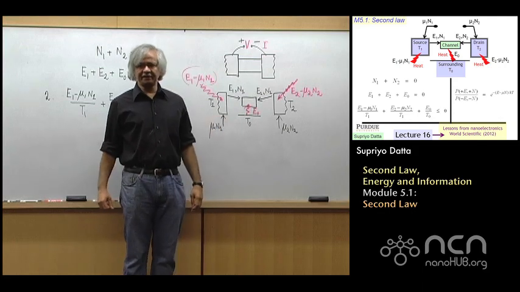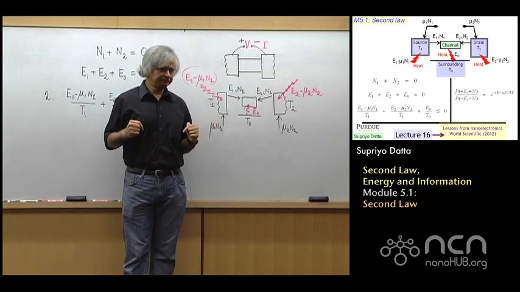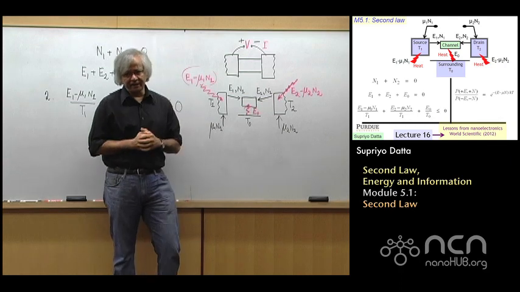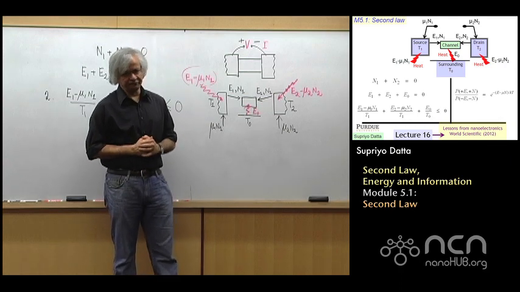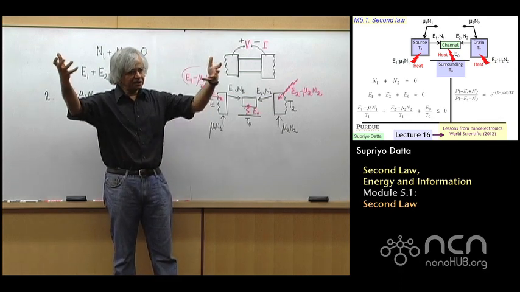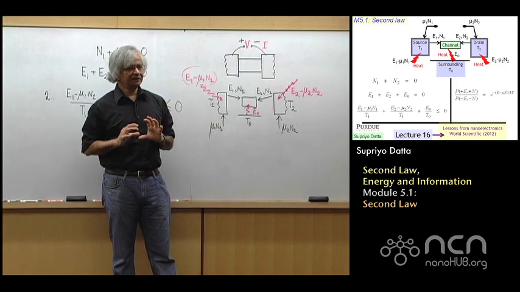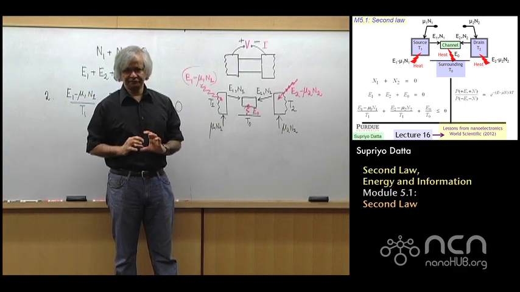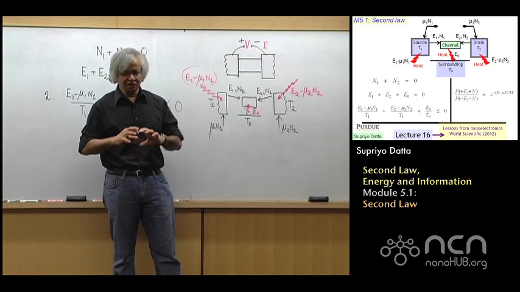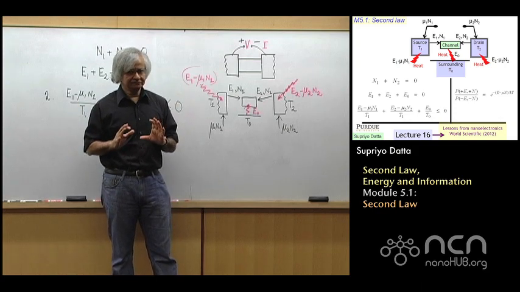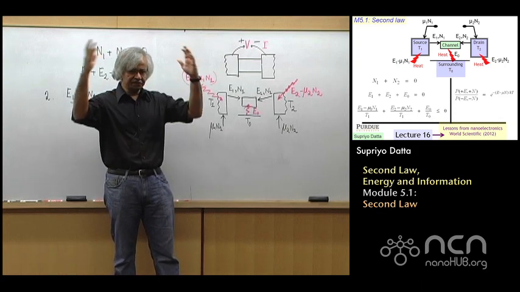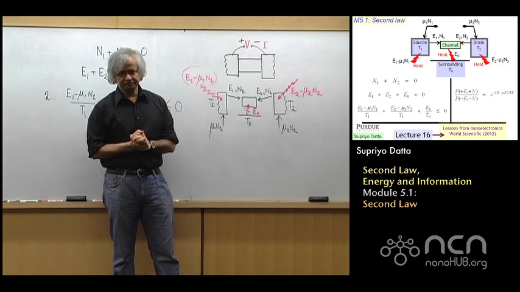What you don't expect is the reverse to happen. That is, you don't expect that you could ever make a device that would take heat from the surroundings and charge up your battery. If it could do that, you would have solved major problems, because there's all this energy in the form of heat around us.